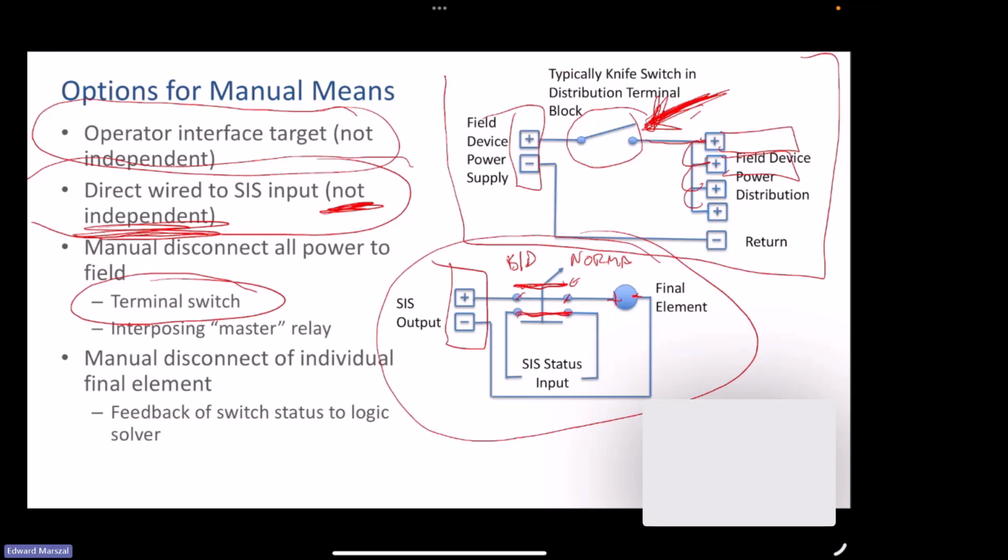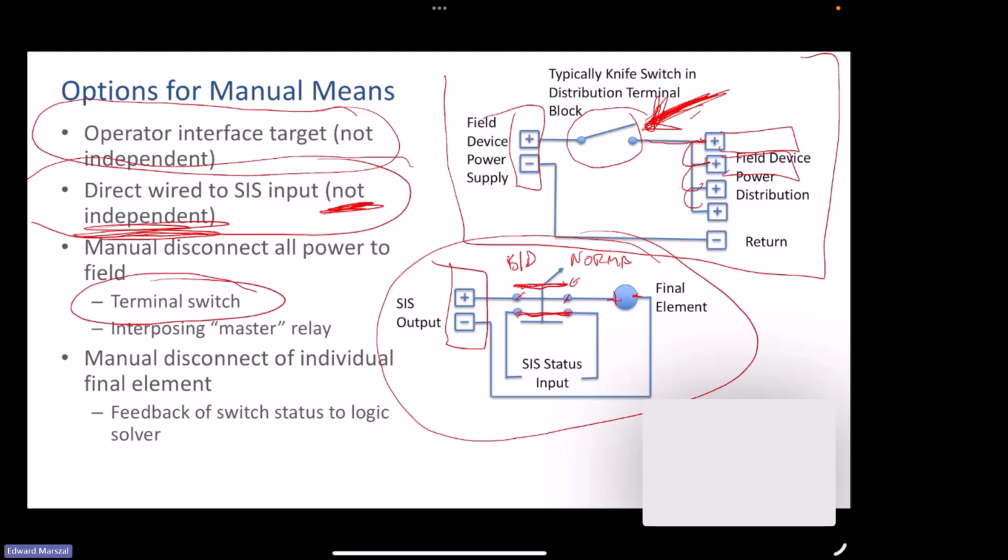It's an input to the program, so that the program knows that somebody disconnected power to the final element out in the field, and it can communicate that to the operator, and maybe even take some more shutdown actions to make this shutdown happen a little bit more elegantly. So there is a wide variety. I gave you 4 different choices for how you can actually do this manual thing.